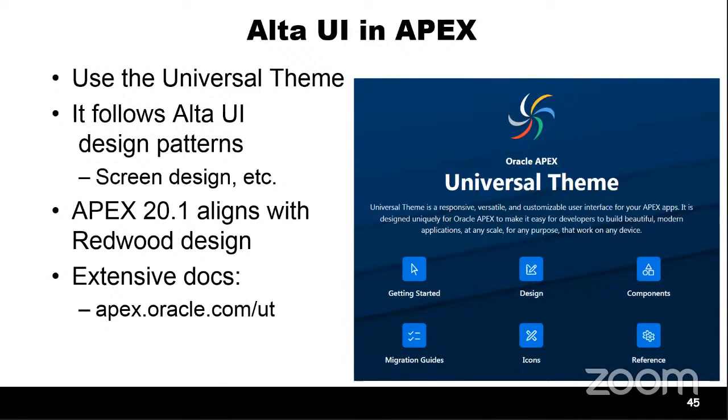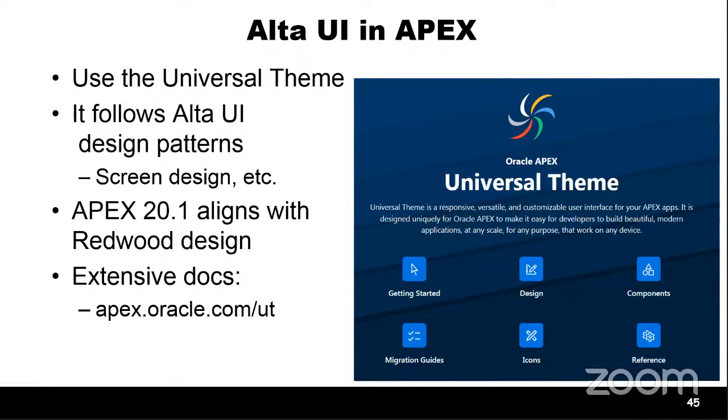If you're doing Apex, you just use the universal theme. So if you go out to apex.oracle.com/UT for universal theme, you'll get the screen on the right, which basically gives you all the different things you need to know about how to make your Apex app look like Alta UI.